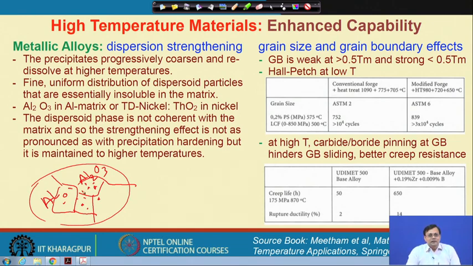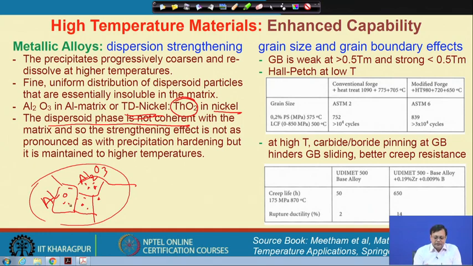Another very nice example is thoria dispersed nickel, TD nickel. The TD nickel has thoria particles in a nickel matrix. This dispersoid phase is not at all coherent, because they are ceramic and have a very different crystal structure and lattice parameter than the aluminium or nickel matrix.